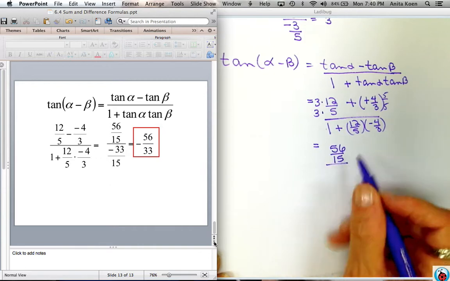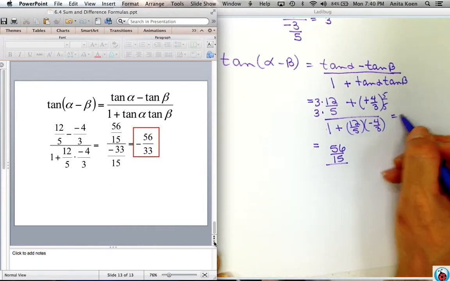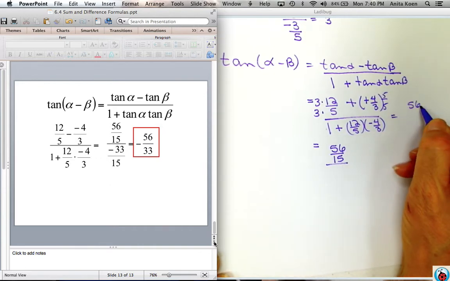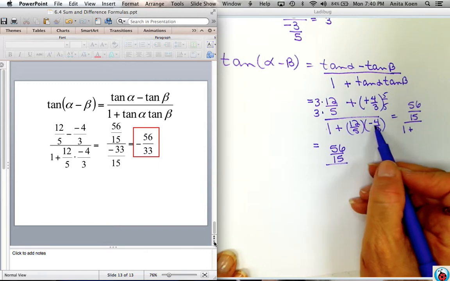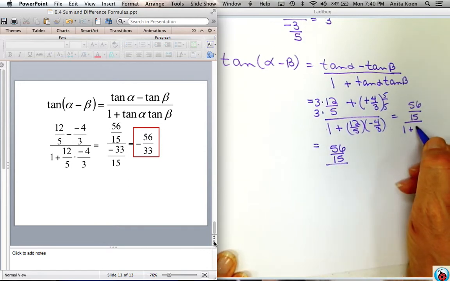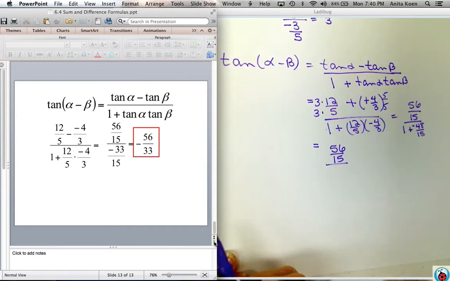And then on the bottom here, I'm going to write it over here so you can see it. And then here we're going to have 1 plus, right here we're going to multiply and get 48 over 15, and that's going to be negative.